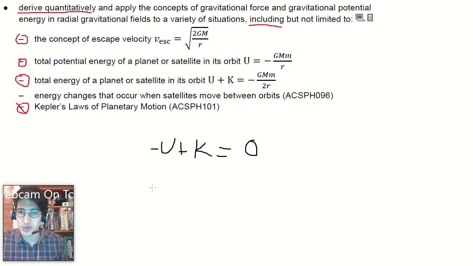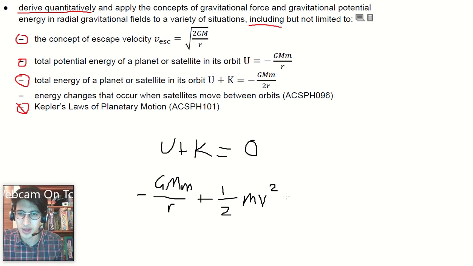Now, to do this, we just need to substitute in the equations to work it out. So U plus K. U is going to be equal to negative GMm over R plus your kinetic energy, which is half mv squared. And that's equal to 0. Now we really just have to solve for velocity, and that's our escape velocity.